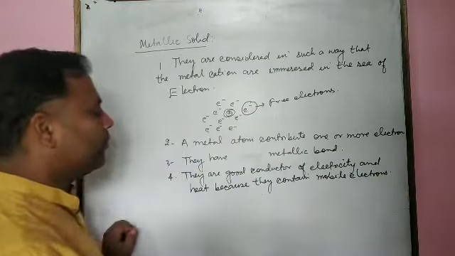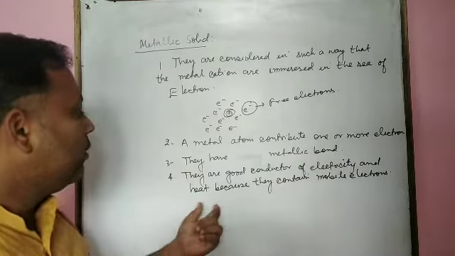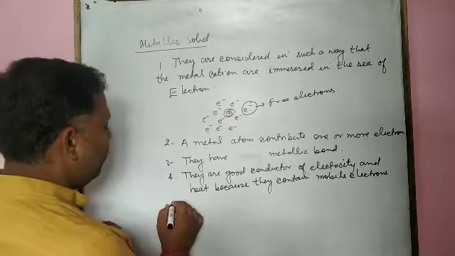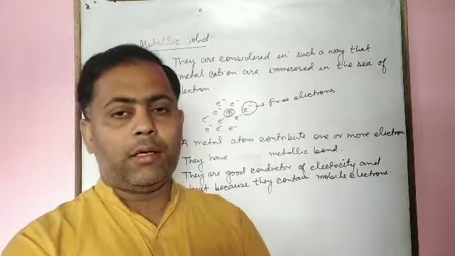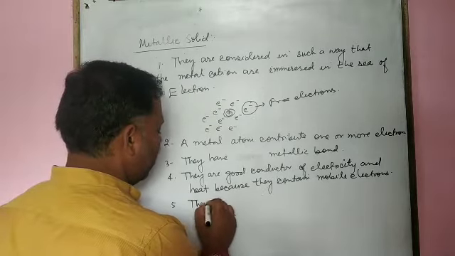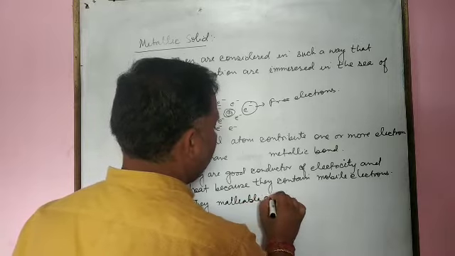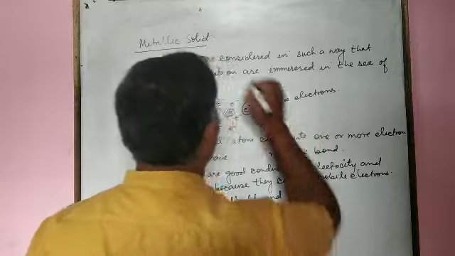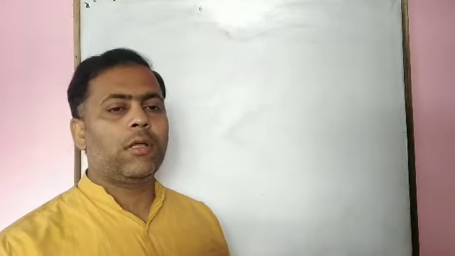The next one, they are good conductor of heat and electricity because they contain mobile electrons. You know, the metals are malleable and ductile. So the next, they are malleable and ductile.